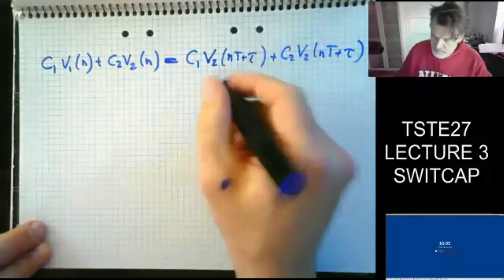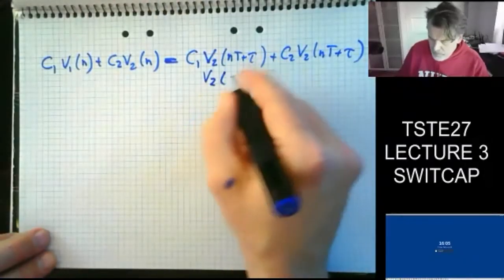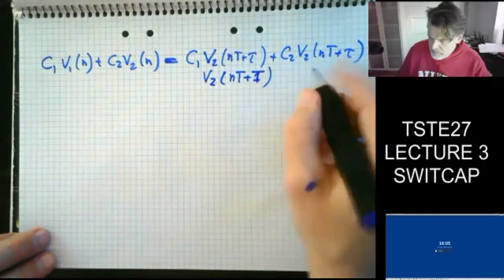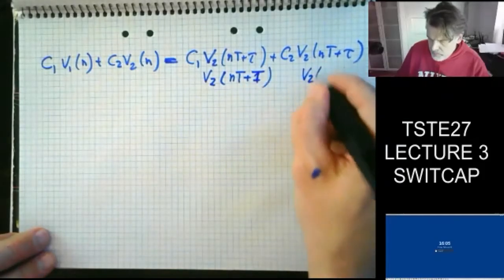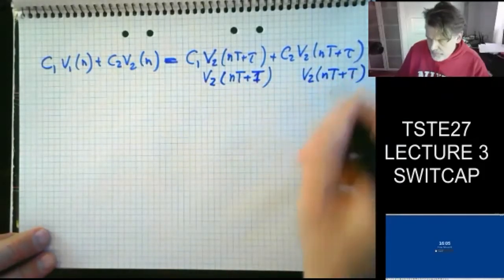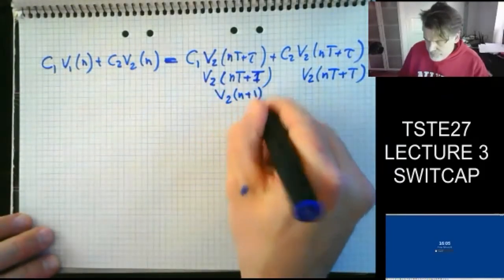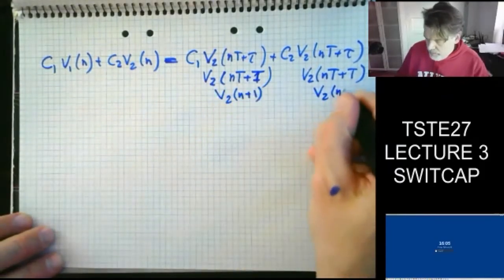So that implies that V2 is now equal to V2 of nT plus 1T, and this also has to be equal to V2 of nT plus tau. Or, if you like, V2 of n plus 1.